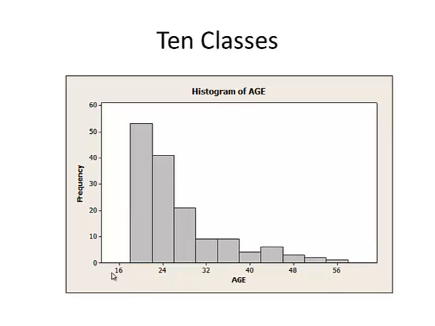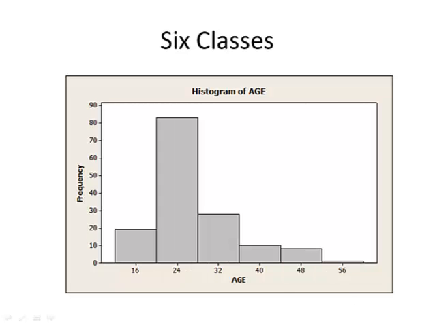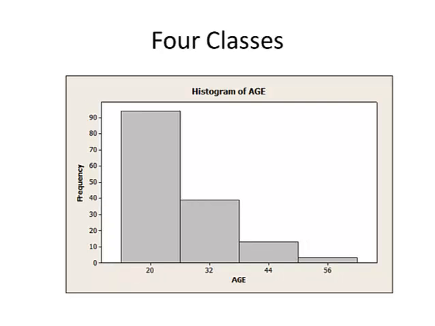Okay, let's look at what happens if we change the number of classes. Now this histogram has 10 classes, and we can count the bins: 1, 2, 3, 4, 5, 6, 7, 8, 9, 10. We have 10 classes here. Okay, so what if we decrease it? We go to 6. See how the histogram shape changes? Let's look at 4 classes. So you have to sort of decide how many classes you need for your data set.